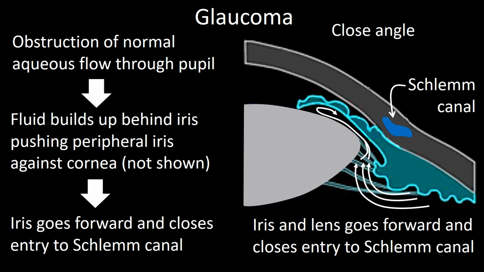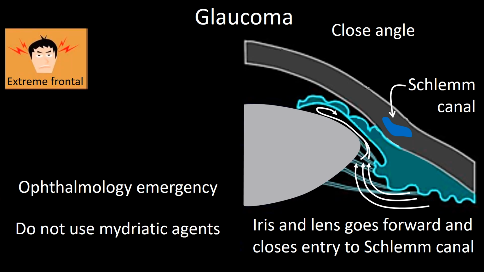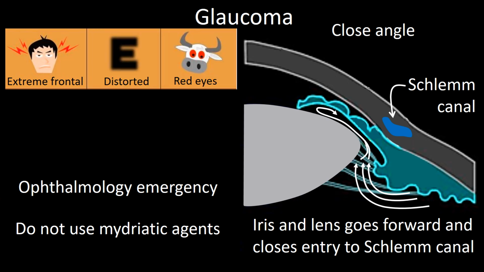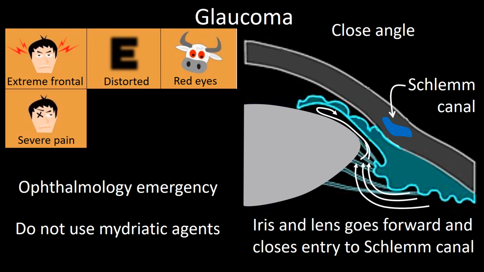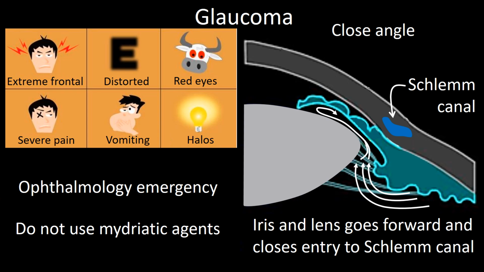The lens follows the iris and becomes displaced forward as the pressure inside the eye increases. Closed angle glaucoma is an emergency. Mydriatics are contraindicated. Closed angle glaucoma presents with extreme frontal headaches, distorted vision, red eyes, severe eye pain, vomiting, and halos around light.